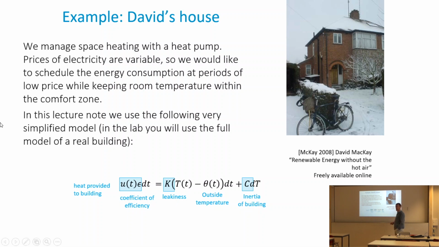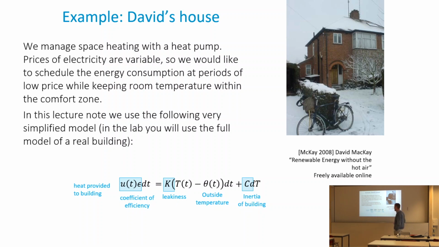How much of this electricity translates into heat is given by this coefficient epsilon, which is called the coefficient of efficiency. If we have a resistive heater, like we have in old-style boilers, this is very close to 100% because it's very efficient to translate electricity into heat.